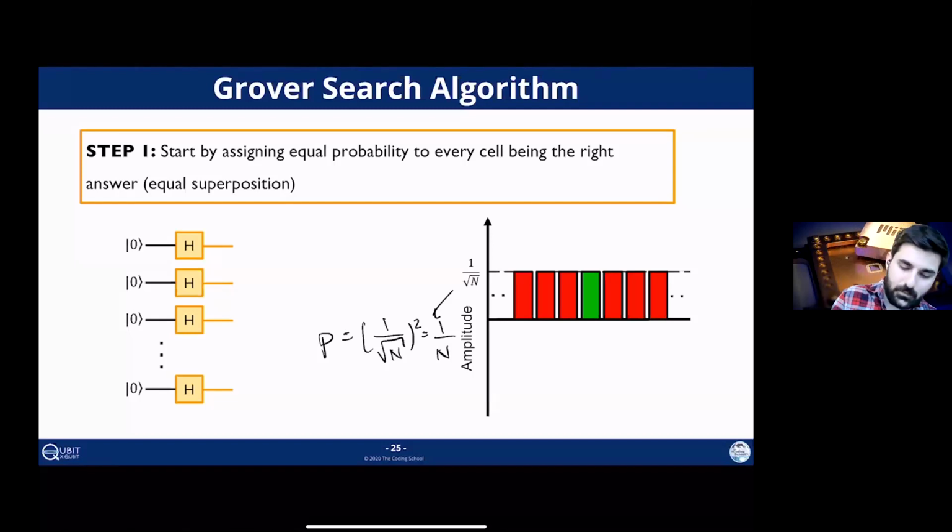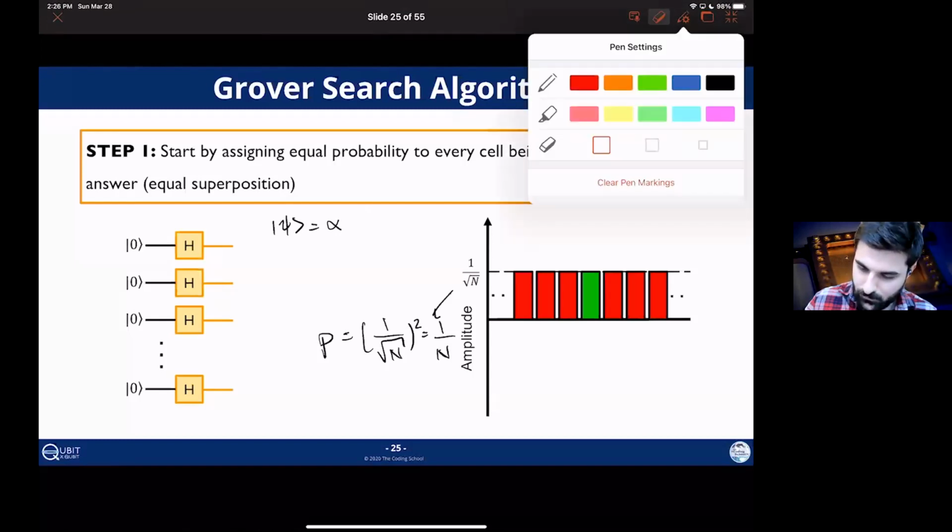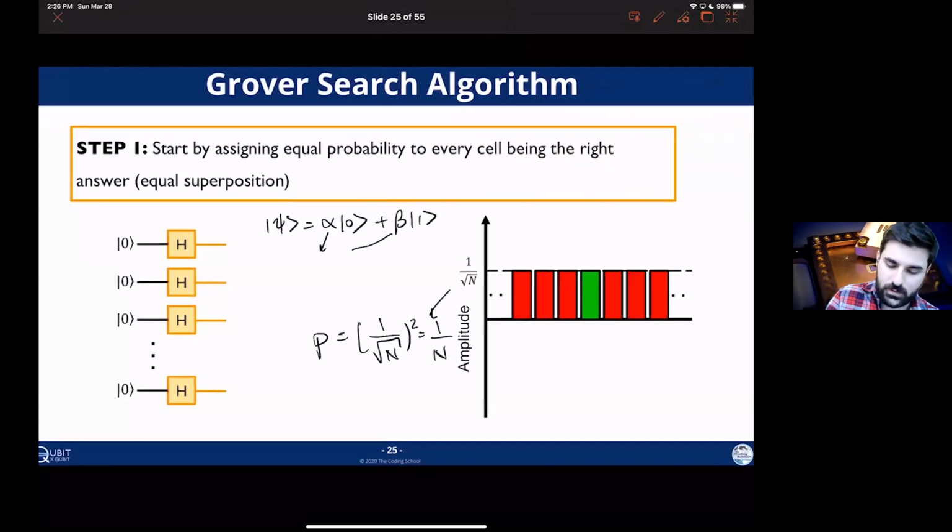Specifically, let me just draw another example here. If I had psi, a generic qubit state, equal to alpha times the 0 state plus beta times the 1 state, this alpha and beta were probability amplitudes.